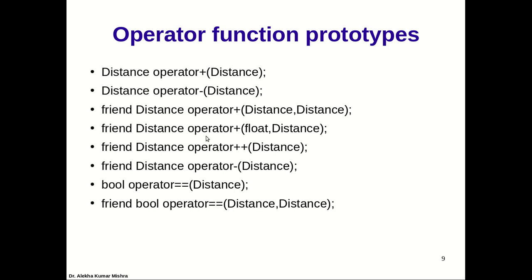Now for this one, you can see easily that the first operand is a floating point type and the second is distance type. Because the left hand side operand is a float type, there is no way it can become a member function of the class. So in this case we have to define a friend function, because it is like a plus b, where a is a float and b is a distance object.